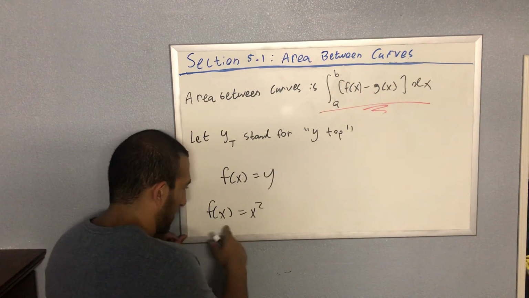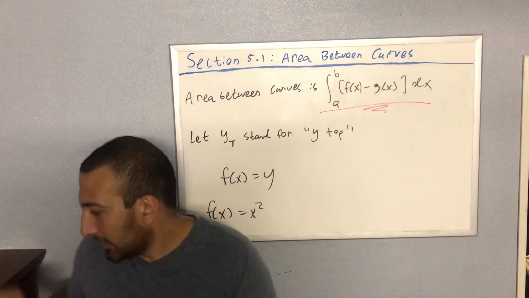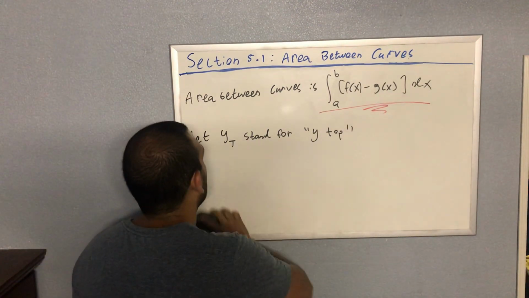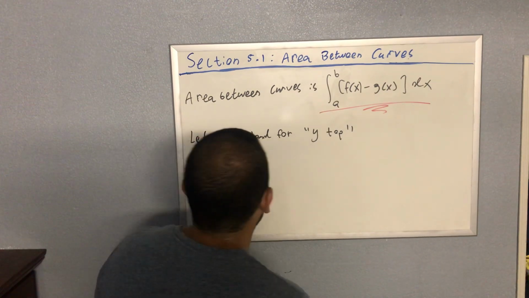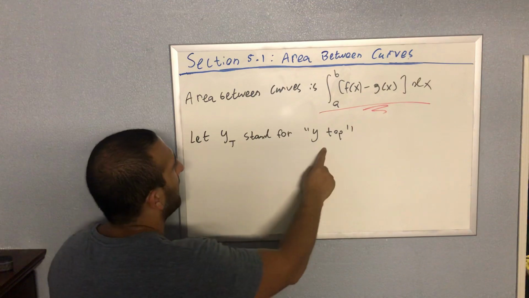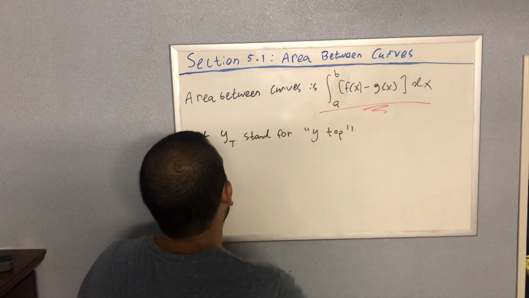If x is 2, you get the y coordinate 2 squared, 4. So the function f of x tells you an output, a y. So, you can write f of x as y. So y top is like the top curve, which was f in our example.